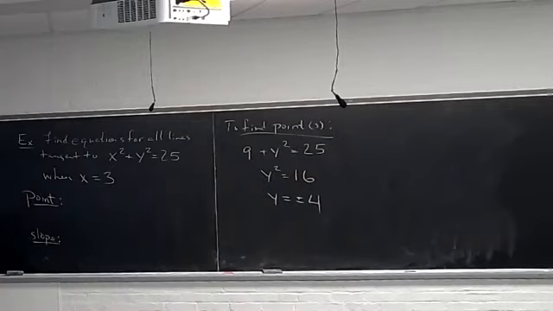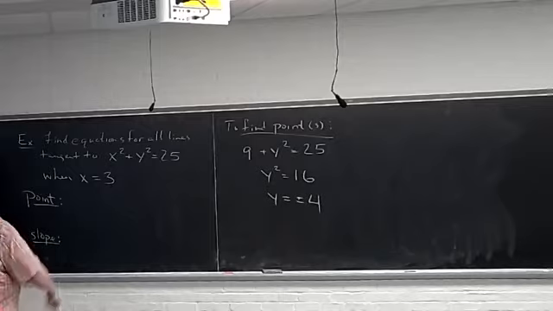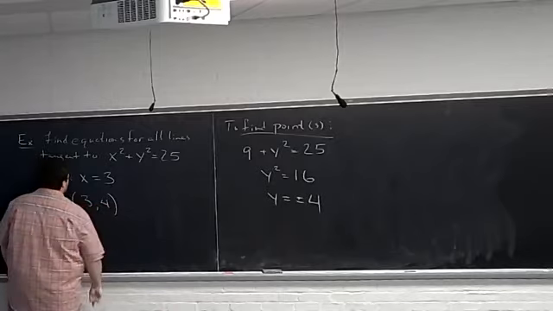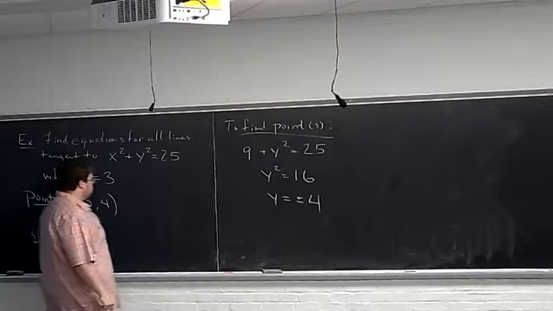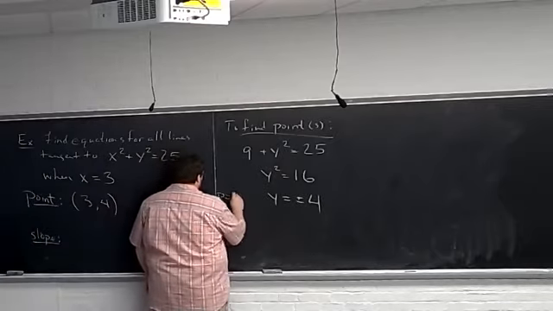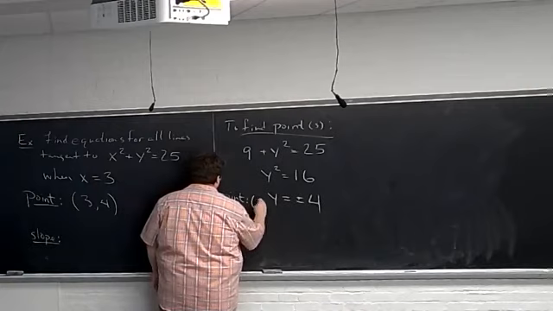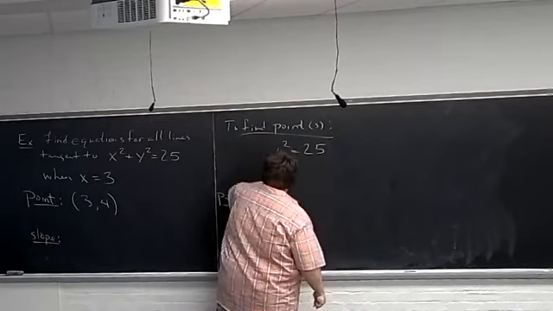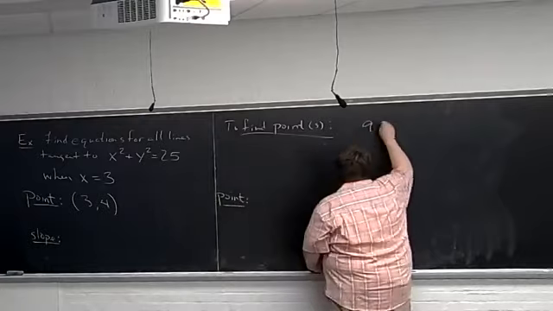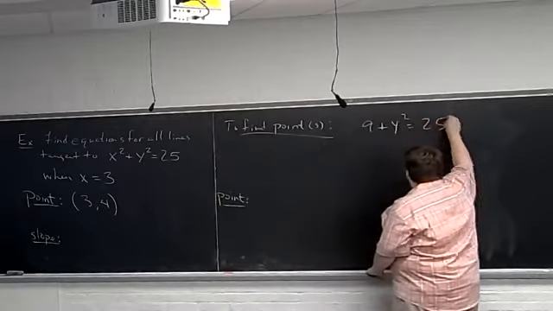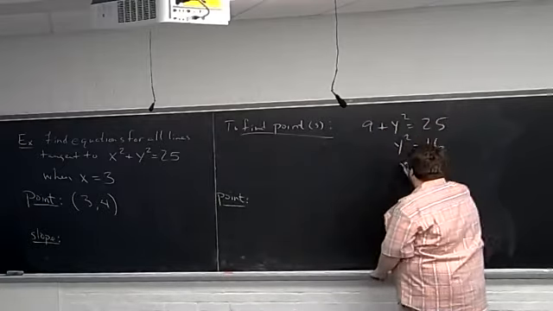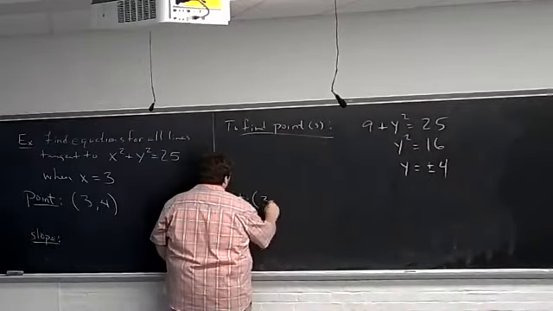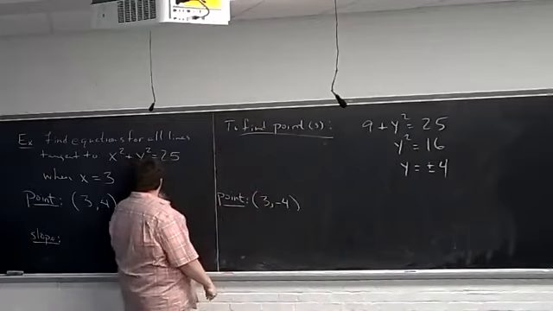So when x equals 3, we have 2 different y values, meaning we're going to have two different tangent lines, one corresponding to that point and one corresponding to this point. Notice both of them do satisfy x equals 3.